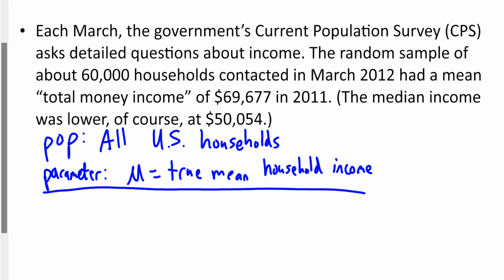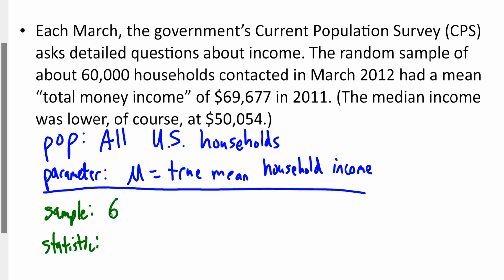So I want to list that. Now, it also asks us to find the sample. So what we're going to do is we're going to talk about what the sample would be and what is the statistic that we're finding. We should already know that's going to be X bar because that goes along with mu. But the sample was the 60,000 homes contacted in March of 2012.